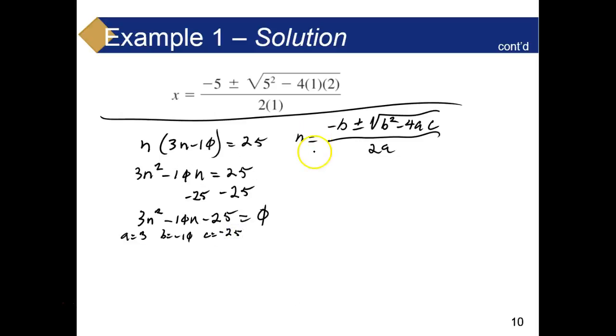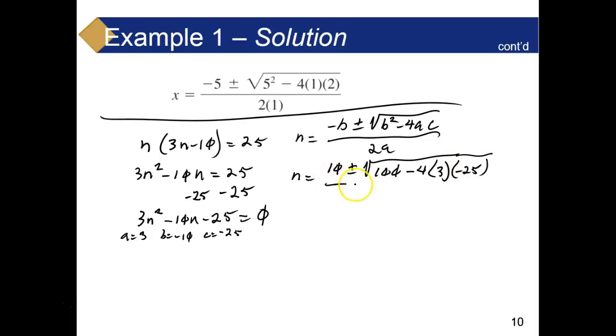Okay. So now we plug away. What will that be? A positive 10 plus or minus the square root of 100. He already did it, okay? Minus 4 times 3 times negative 25.